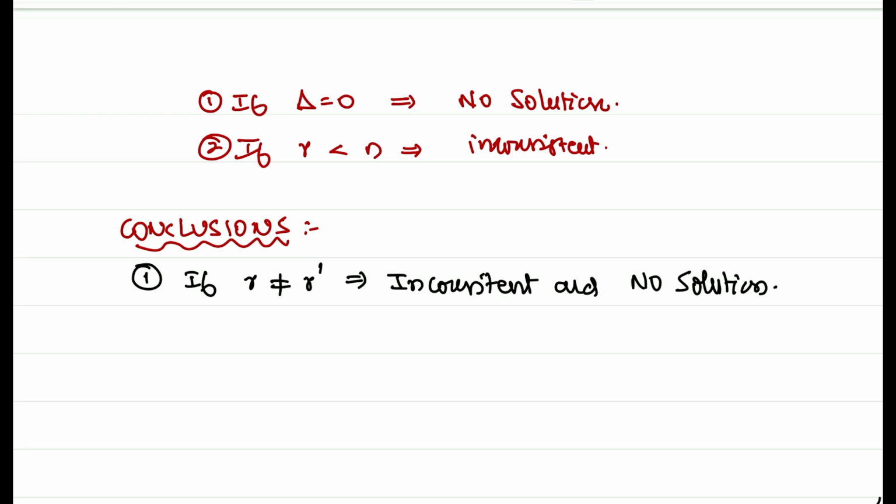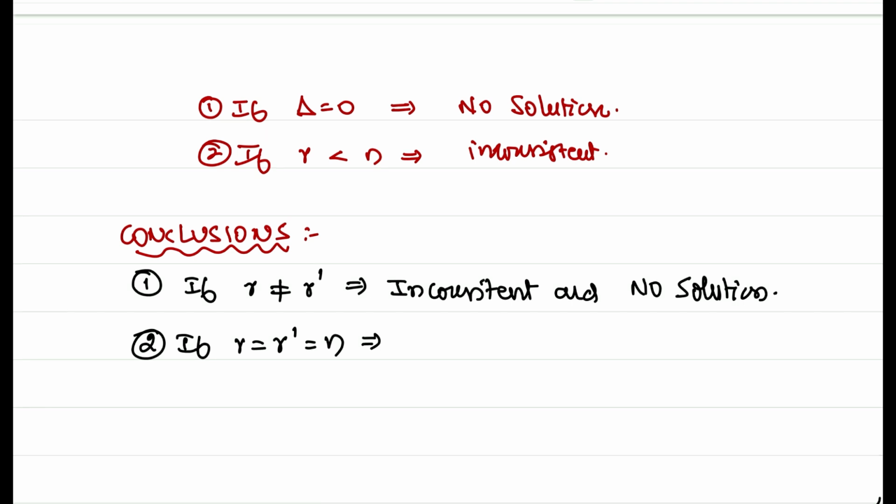Please try to understand. Second, if R is equal to R dash, then the number of variables comes into the picture. If R is equal to R dash and equal to the number of variables, then the system is consistent and has a unique solution.